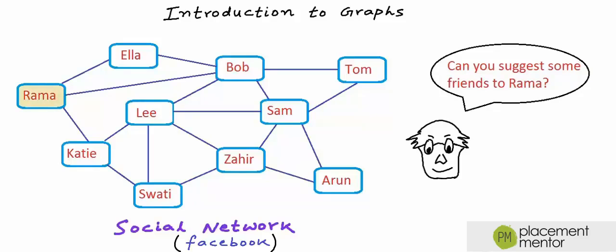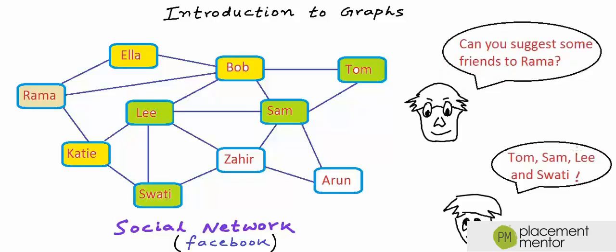Rama has three friends: Ella, Bob, and Katie, and friends of these three that are not connected to Rama already can be suggested. There is no friend of Ella which is not connected to Rama already. Bob, however, has three friends, Tom, Sam, and Lee, that are not friends with Rama, so they can be suggested. And Katie has two friends, Lee and Swati, that are not connected to Rama. We have counted Lee already. So in all, we can suggest these 4 users to Rama.